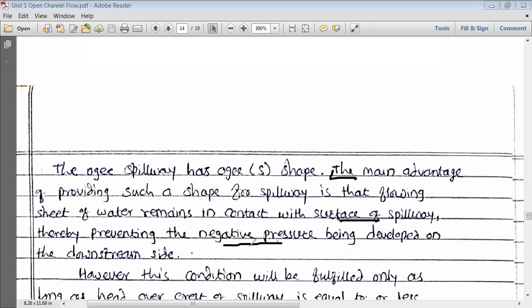The flowing sheet of water should remain in contact with the surface of spillway.